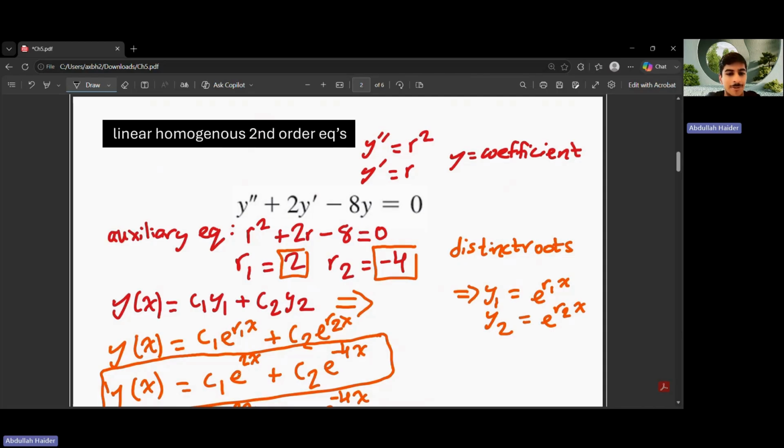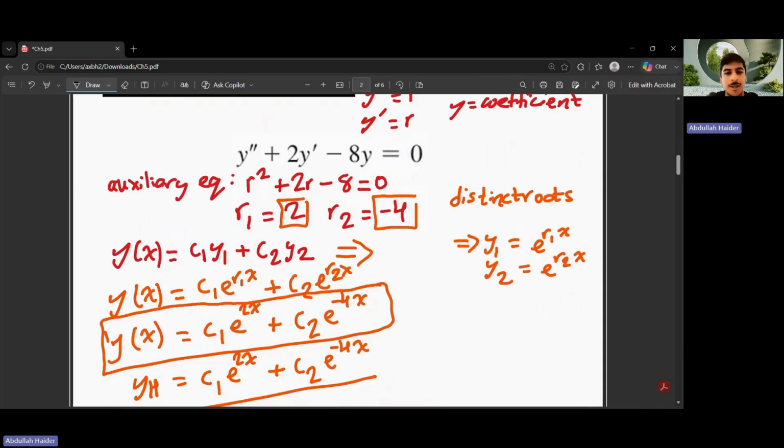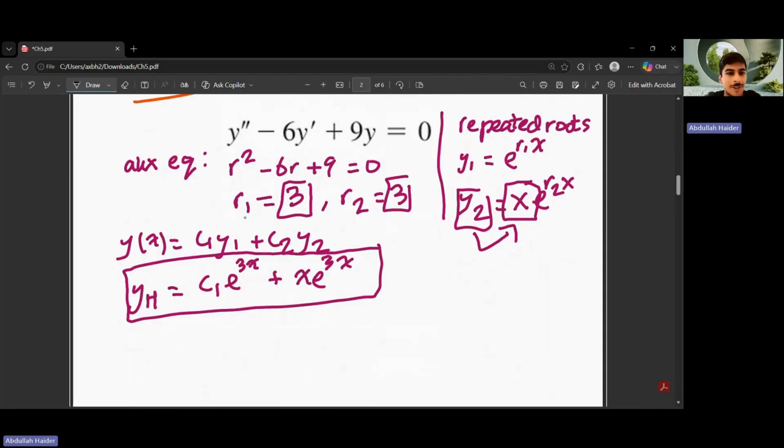So you have e power 2x, e power negative 4x. If you have repeated roots, r1 equals 3 and r2 equals 3, then C1 e power 3x. But you have to put an x here for the second repeated solution to maintain independence, as I said before. So y1 is e power r1x, and the second one, y2, will be x times e power rx.